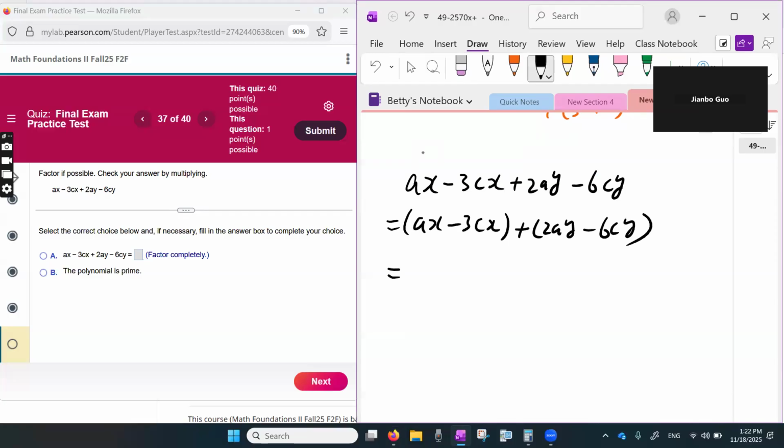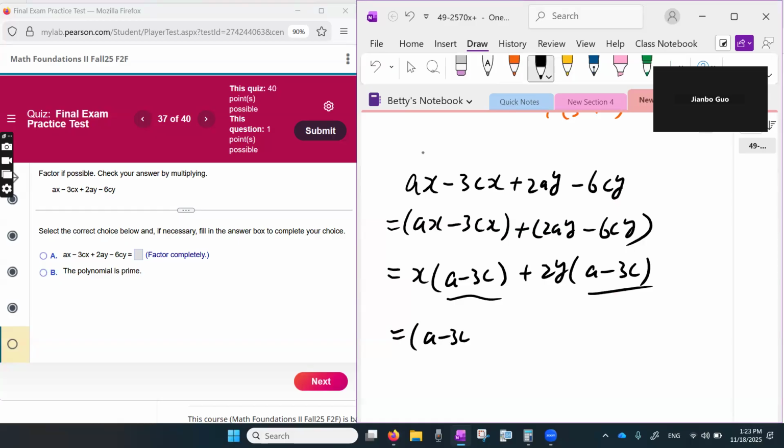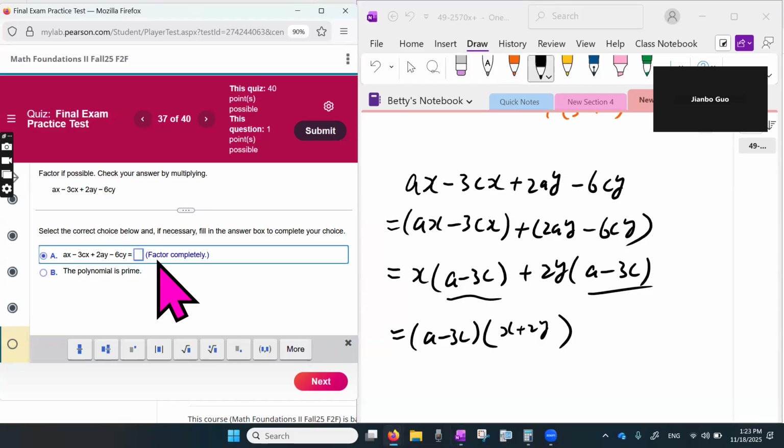Factor out X: A minus 3C. Factor out 2Y: A minus 3C. So they have a common binomial factor, A minus 3C, and left over X plus 2Y. The result: parentheses times parentheses. Inside the first parentheses, A minus 3C. Inside the second, X plus 2Y.